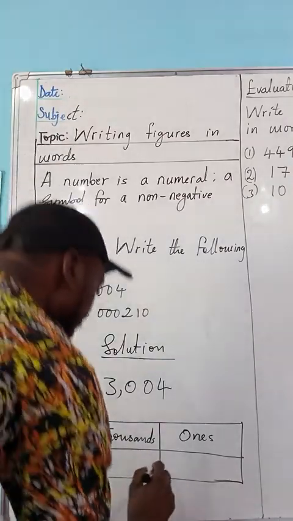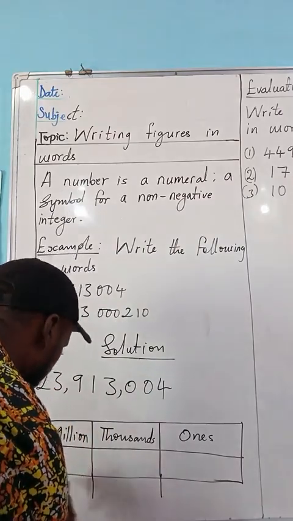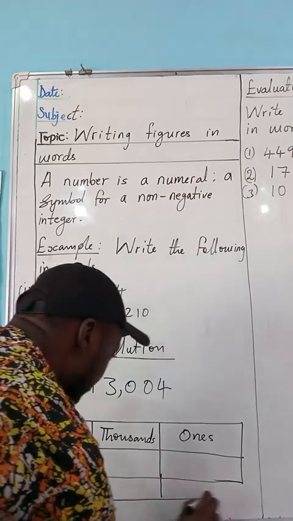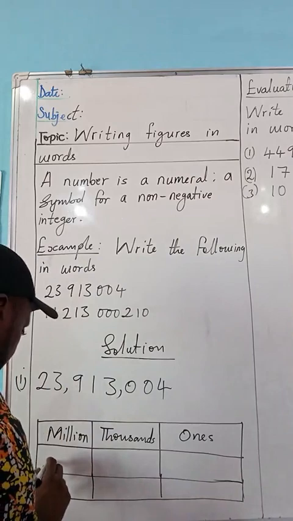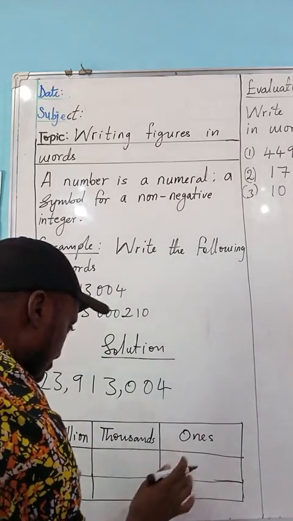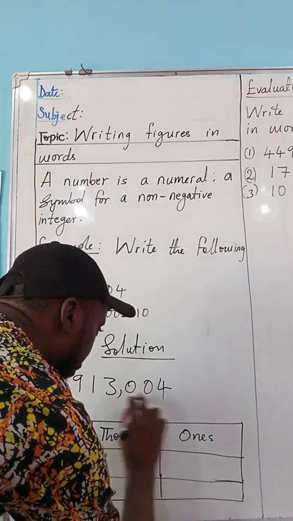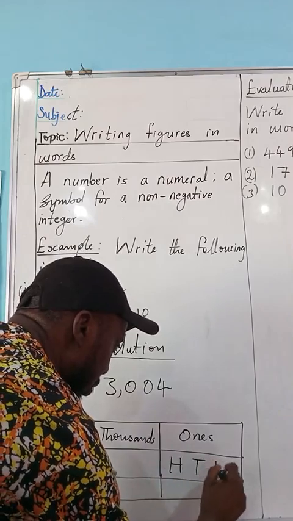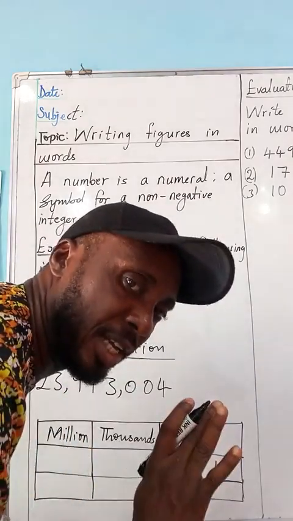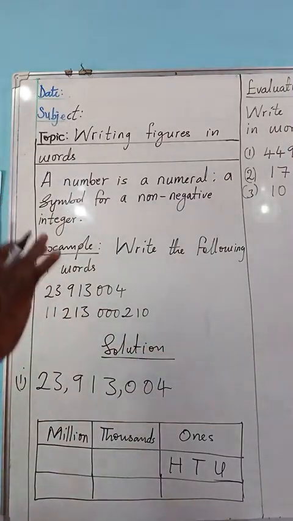Alright. Now, in the house you built for these numbers, we have here as the first group of numbers H, T, U. In every one of them, we have hundreds, tens and units.